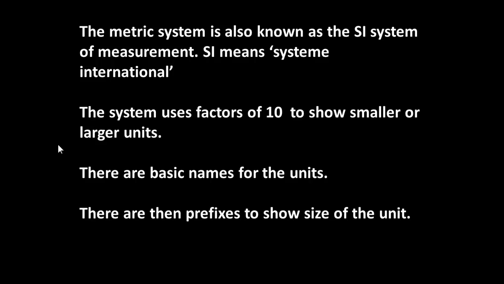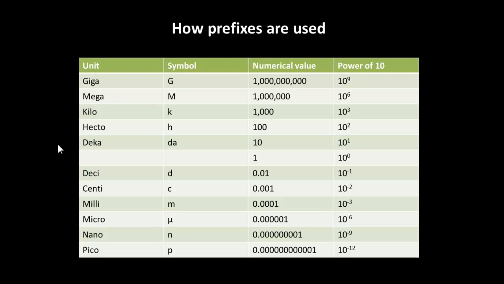It uses factors of 10 to make bigger or smaller units, but there are basic units for mass, length, time and so on, and then the prefixes will show the size of that unit. So this is how the prefixes are used, and some are more common than others.